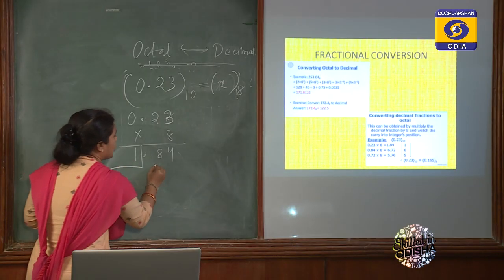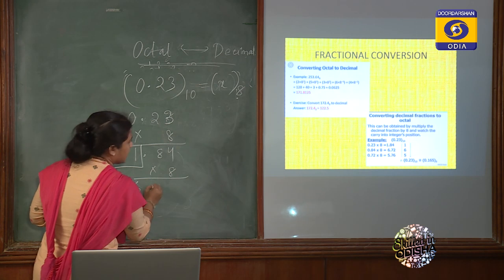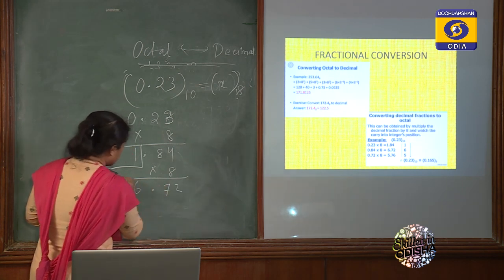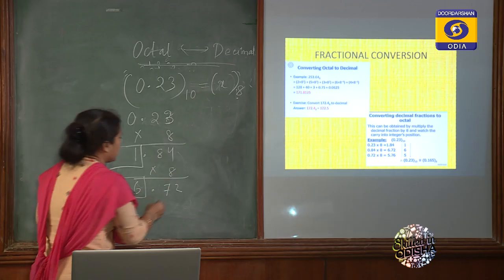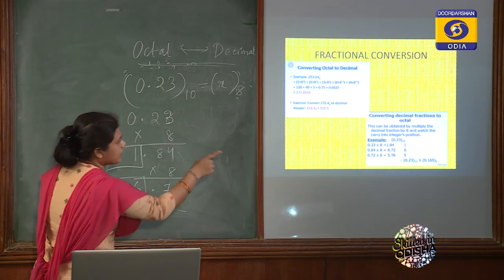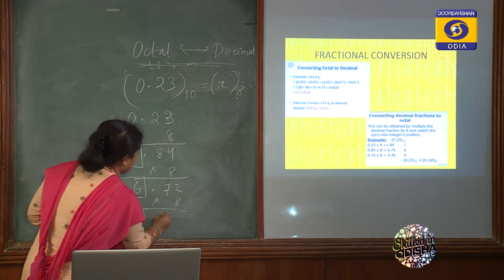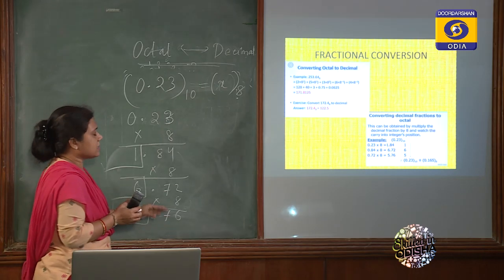Again I go for the multiplication and here I get 6.72. So again I separate the 6. Then again I multiply with this 8 and it comes to 5.76. In this way I have to multiply until it becomes 0.